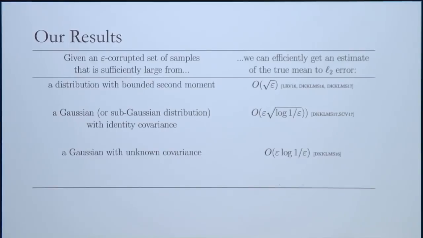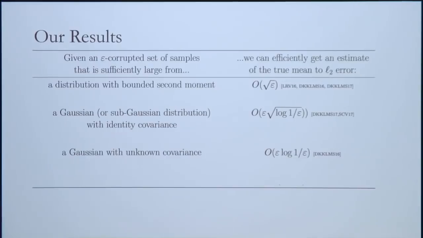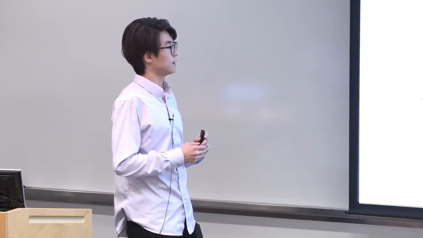Finally, another setting for this problem of estimating basic parameters: bounded second moments is a very weak assumption that you can make on your good data, and sub-Gaussian is a very strong assumption. So the natural question is, can you interpolate between these two settings? And the answer is sort of.